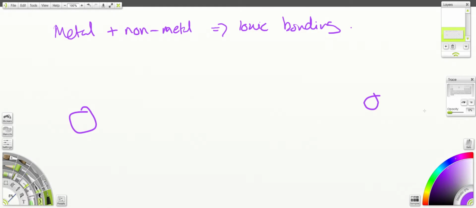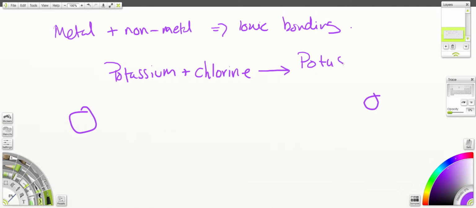So I'm going to have potassium, it's my word equation, plus chlorine. Now notice it's INE, and when we react these together, we're going to have a new compound called potassium chloride.